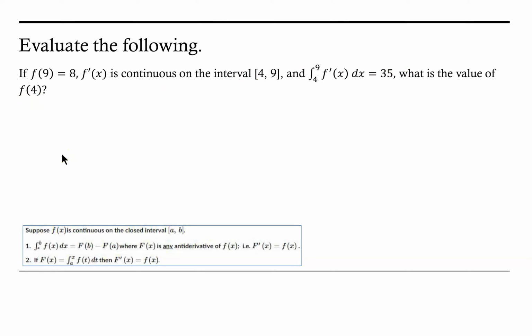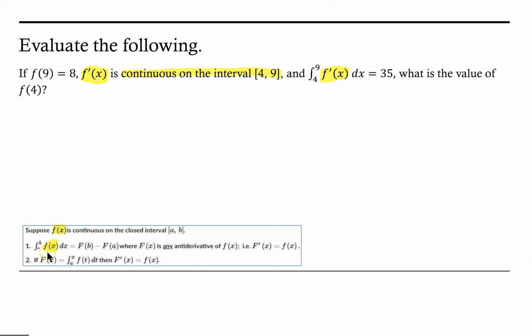Well, the fundamental theorem of calculus can help us with this problem. Notice that if our function is continuous on a closed interval, which we see here it is, f prime of x is continuous on a closed interval, and note that our integrand is f prime of x, so we would want f prime of x to be continuous on the interval.